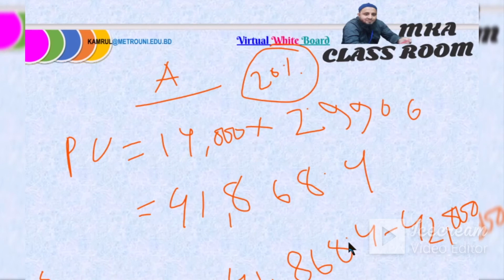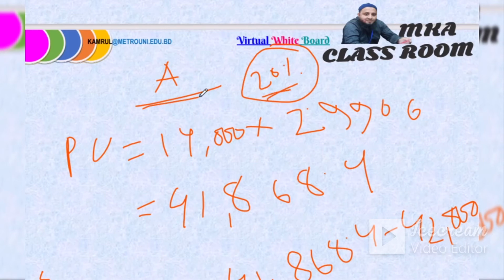Previously we saw that when we use the cost of capital 10% as the discount rate, we get a positive NPV.